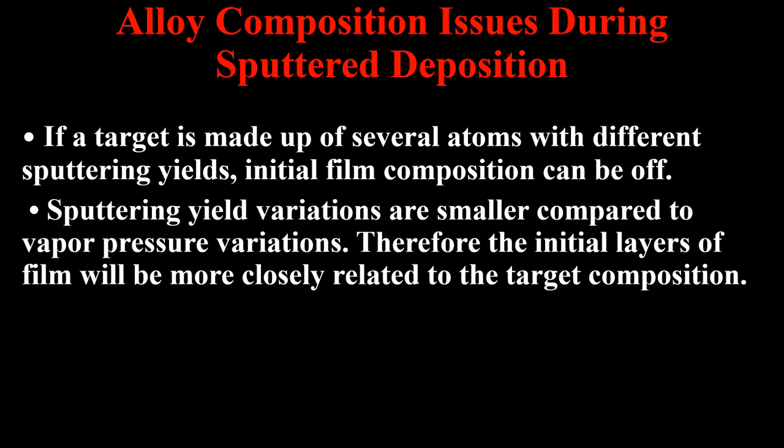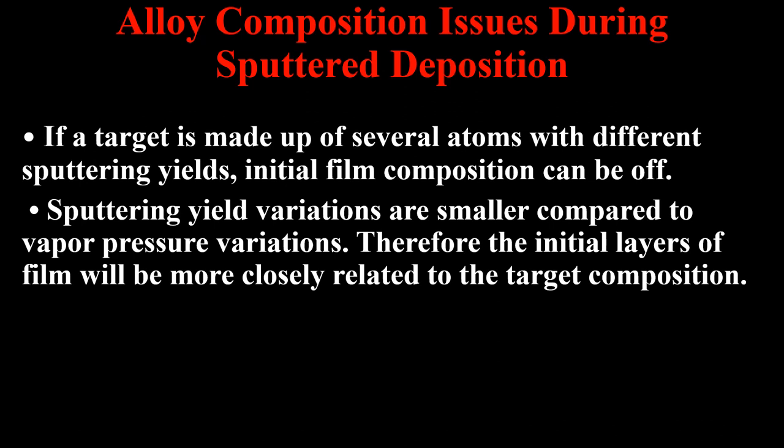The sputtering yield variations are smaller compared to the vapor pressure variation. So dear students, you have to understand the vapor pressure of the elements is different. The variation in the alloys will depend more on the vapor pressure as compared to the sputtering yield. The yield variation will be smaller, but the vapor pressure variation inside the chamber will be higher, because we are using different kinds of atoms, because we are using alloys.